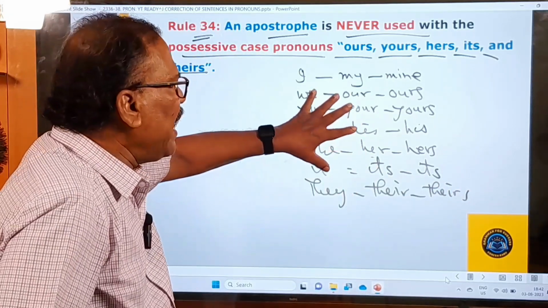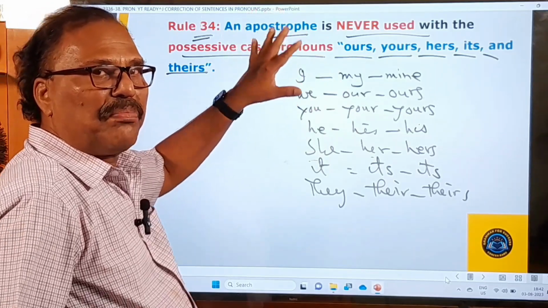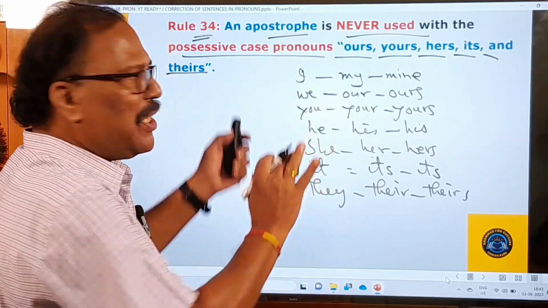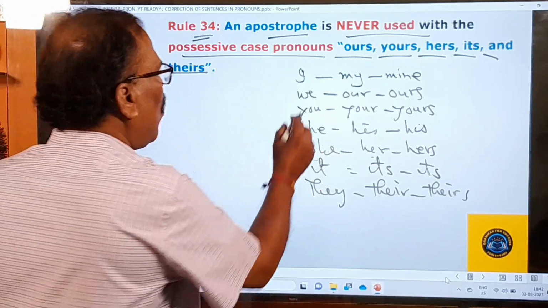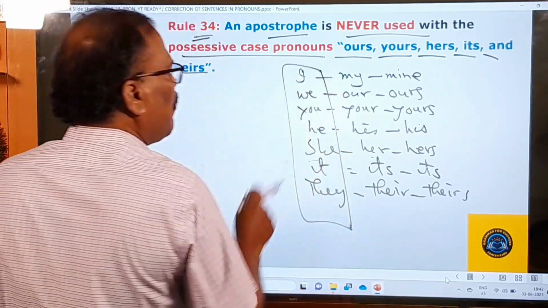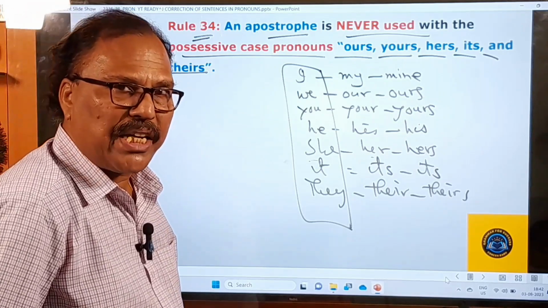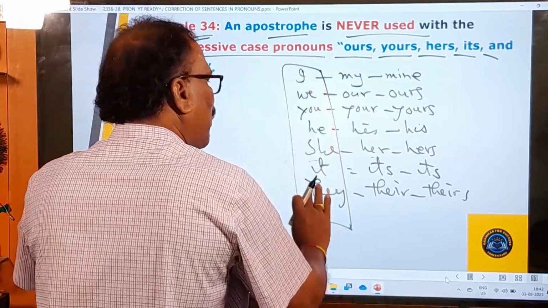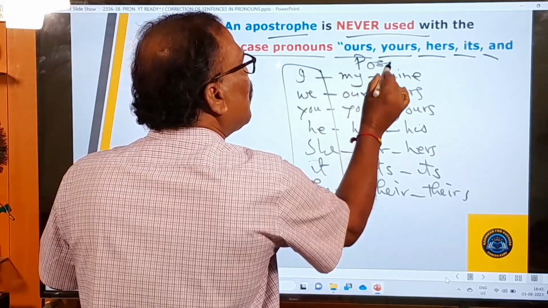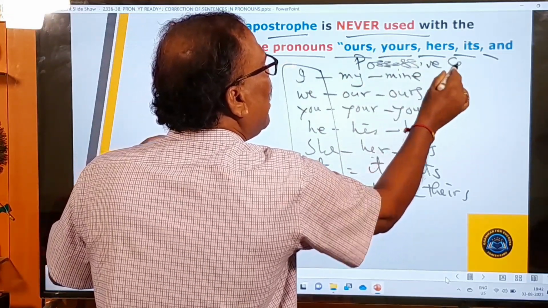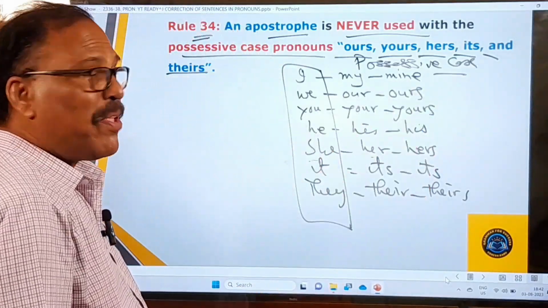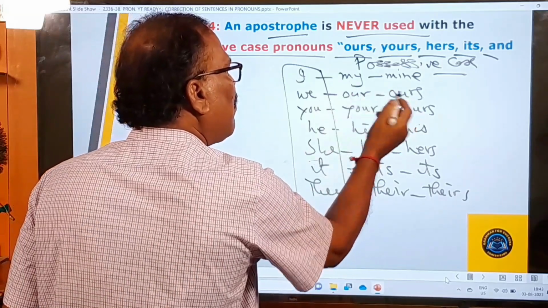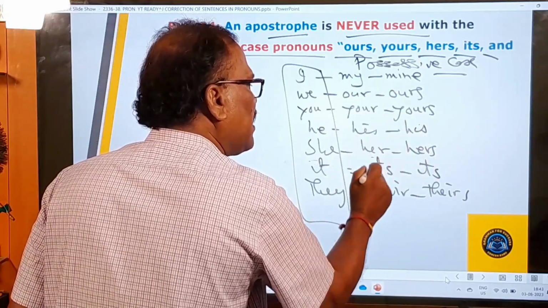I have already dealt with them in my video, pronoun and kinds of pronouns, very elaborately, very clearly. But here also I am telling you the same thing. These are all personal pronouns. They are said to be the subjective case pronouns or the nominative case pronouns. And from these pronouns, these are the possessive case pronouns. Of these possessive case pronouns, there are two varieties: my, mine, our, ours, your, yours, his, her, hers, its, their.